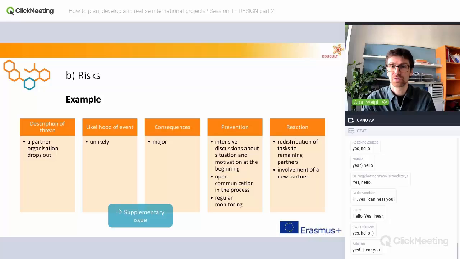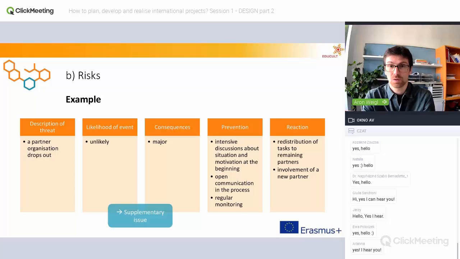How to involve them best in the whole process of the partnership, the project. An open communication should take place. Also it is a kind of prevention of that fact. And for sure also a regular monitoring, because if there are some issues, it's good to know about them early enough that you can react. So that refers to the monitoring part.